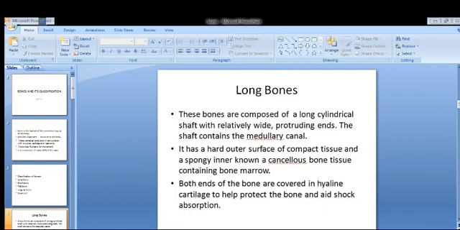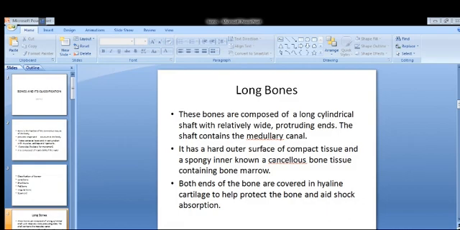In this shaft, which is the middle portion of the long bone, there is a medullary canal from which some fluids pass, right? Now, when we look at the outer surface of this long bone, we find it quite hard.